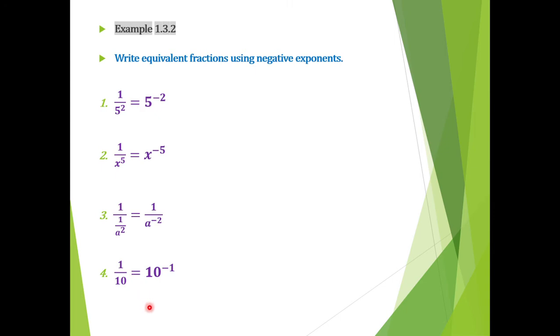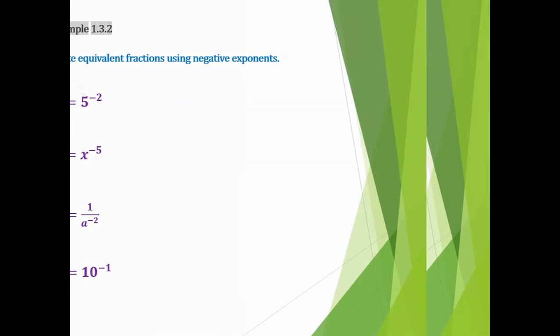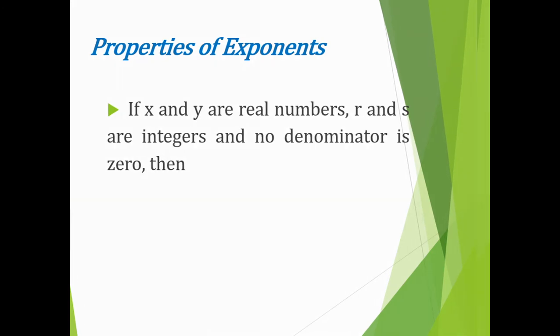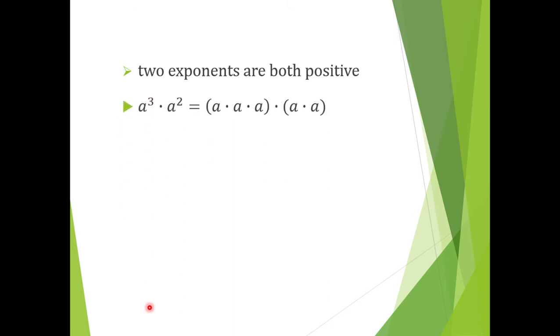Okay. Next. If x and y are real numbers, r and s are integers, and no denominator is 0, then for two exponents that are both positive, for example, a cubed times a squared. A power of 3 and then a power of 2. Ibig sabihin, tatlong beses nito, dalawang beses nito.